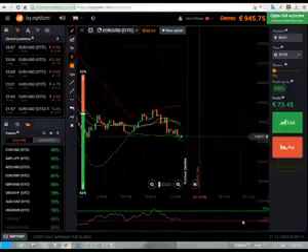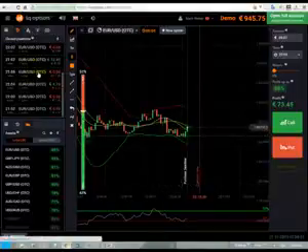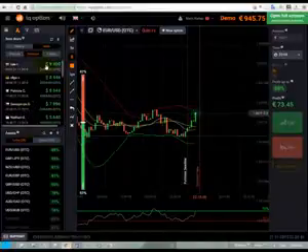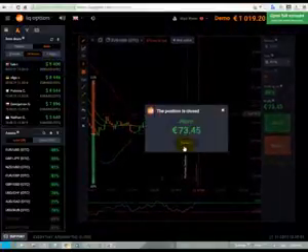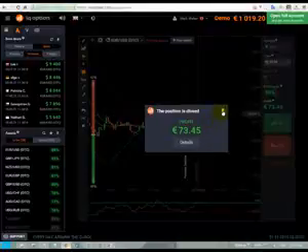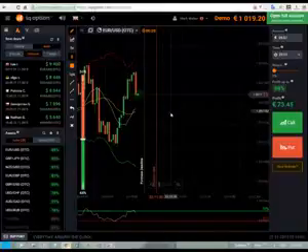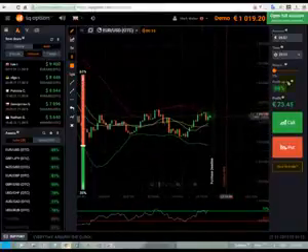You can see that the RSI hit the 30% oversold indicator. And there it is, our profit. Okay, that was a little bit anxious, but we will try one more time.